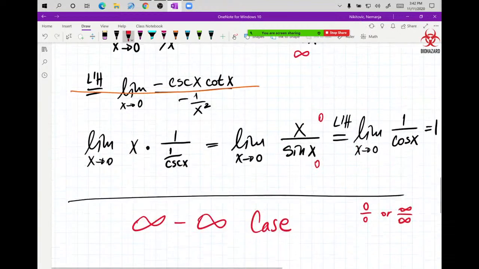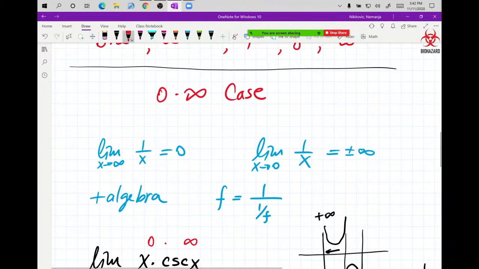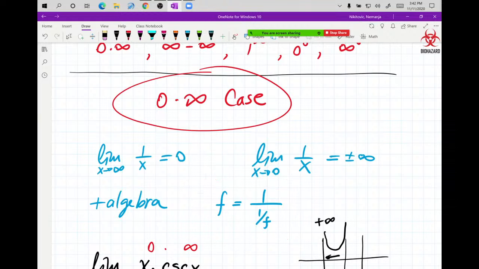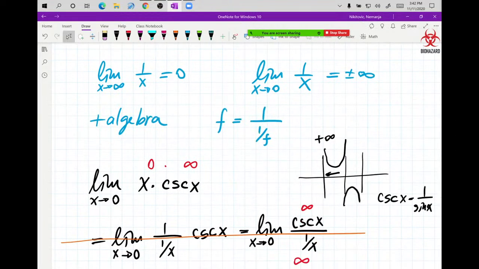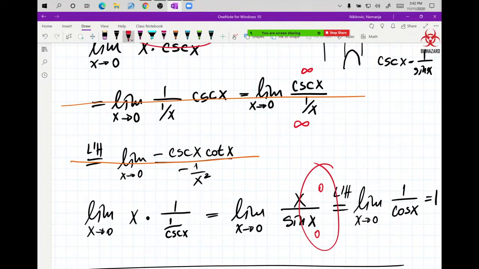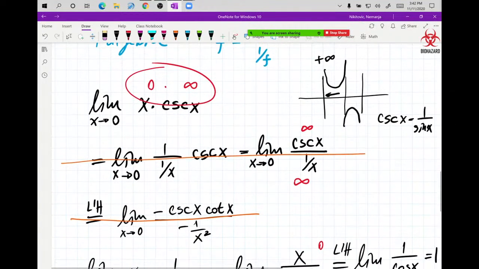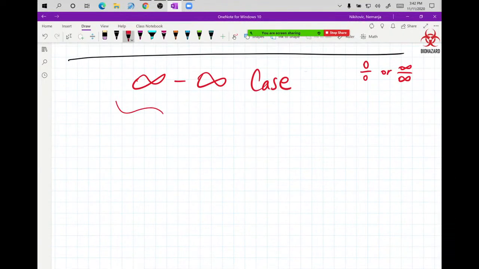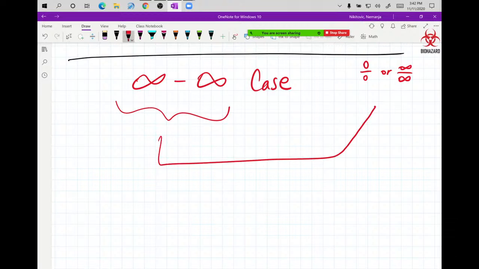We achieved that goal in a previous case by using this algebraic trick here, and we see that my 0 times infinity turned into a 0 over 0, and I was able to use L'Hopital. So the question now is, how do I go from infinity minus infinity all the way into one of these two?